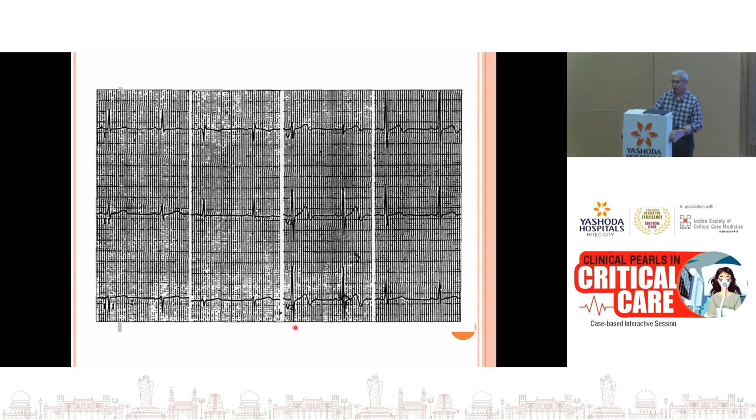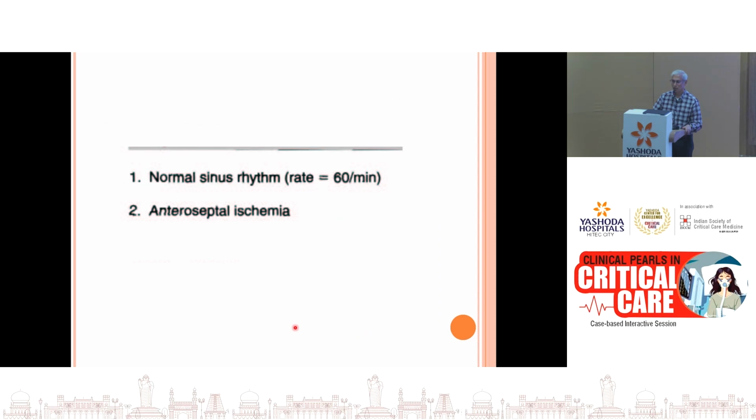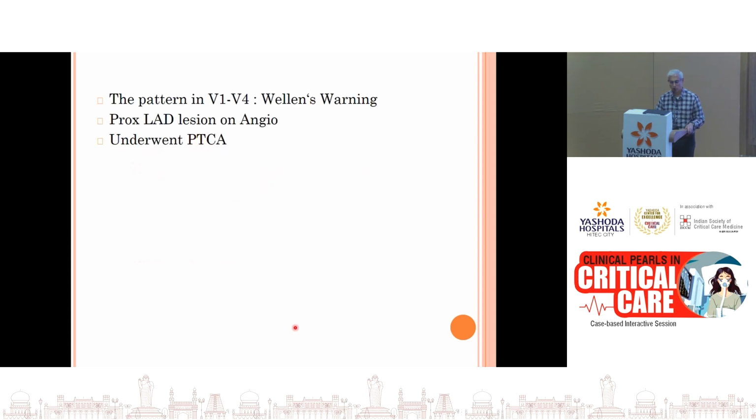There's another pattern of an ECG that is very subtle and often missed when the patient comes to the ER. So you can see that there is the terminal negativity of the T wave in V1, V2, V3 and V4. This is referred to as anteroseptal ischemia, but what is more important is this is called Wellens warning.